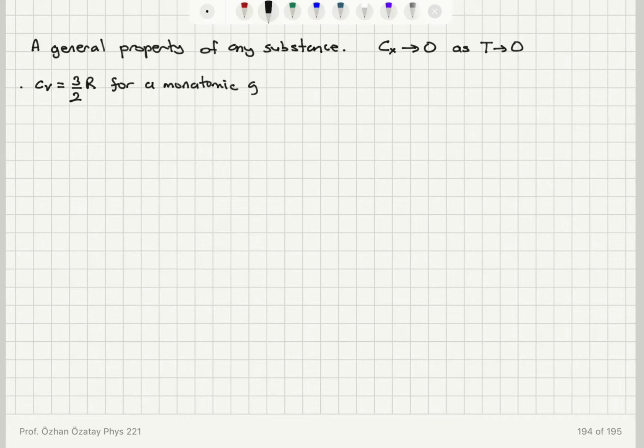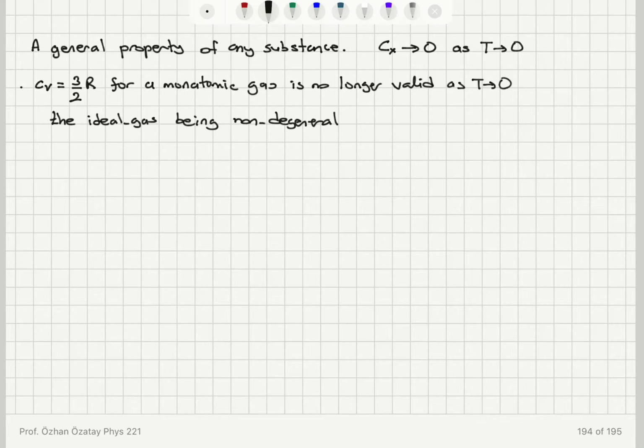This result is no longer valid as temperature approaches 0, at very low temperatures, because the ideal gas treated as a non-degenerate gas, the assumption we have in the canonical distribution calculations, is broken.